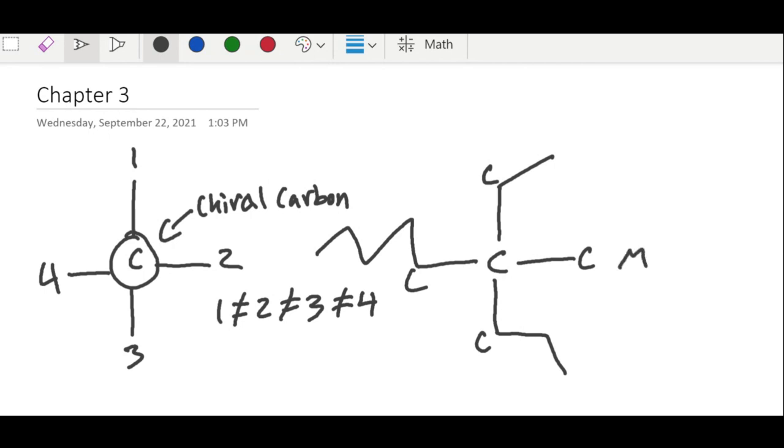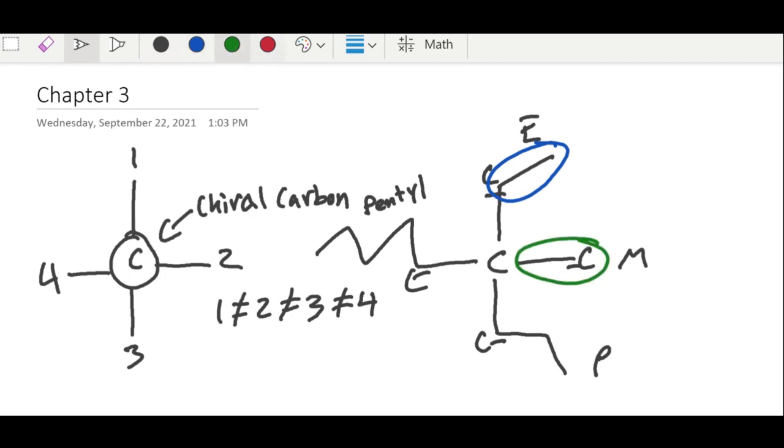This is a methyl, this is an ethyl, propyl, this is a pentyl. So the point is, even though the first atom might be the same, you have to look at the entire group by itself. Each of these is going to be completely different.